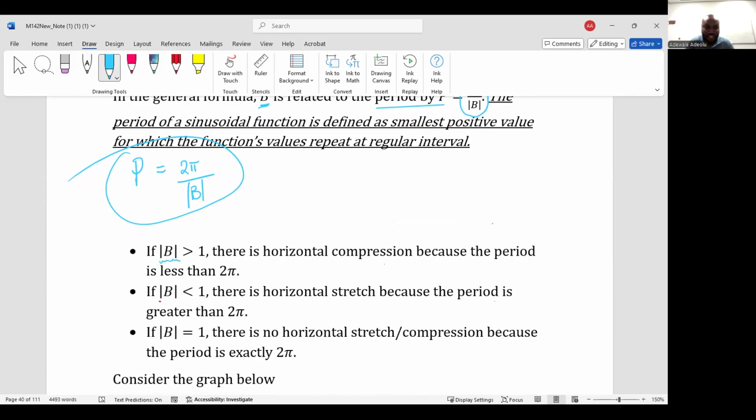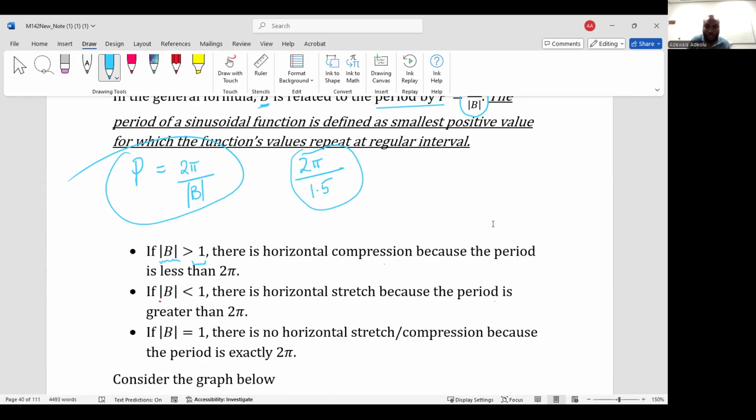When the absolute value of B is greater than 1, what do you think? I'm dividing 2 pi by a number that is greater than 1, let's say 1.5, for example. This whole number will become smaller because I'm dividing by something bigger than 1.